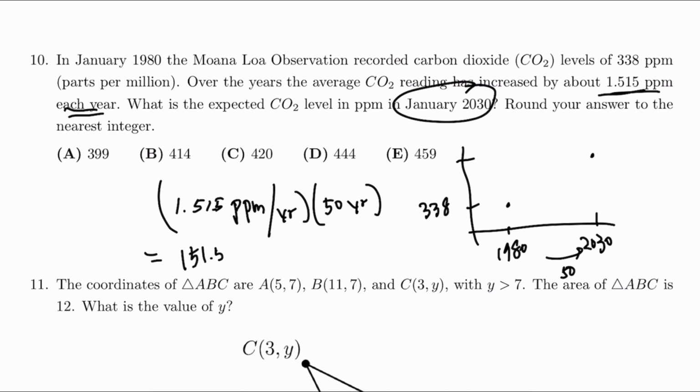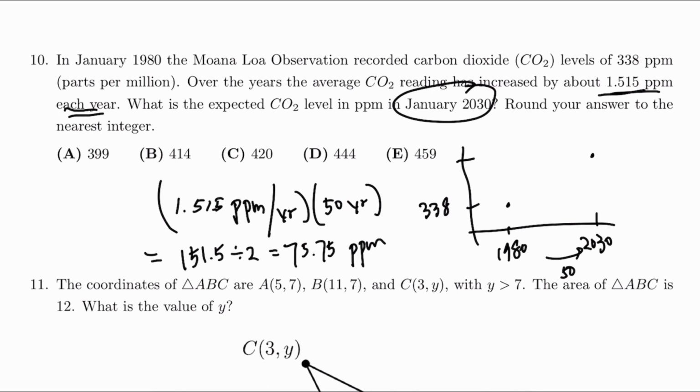So 50 years. You multiply this by 50, or you can multiply this by 100, so that's 151.5, and then divide by 2, which is going to give you 75.75 ppm. And that we have to add to 338.